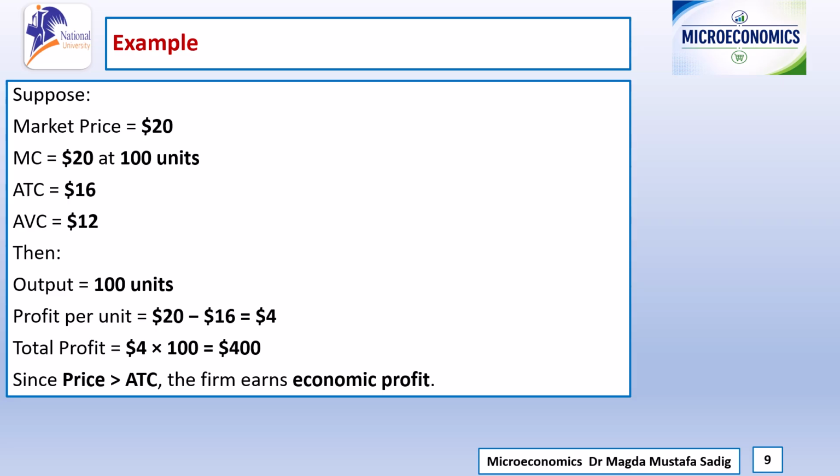What is total profit? $4 multiplied by the total amount of units produced. It's $400. So here the price is larger than average total cost. Price is 20 while average total cost is 16. So price is larger than average total cost. Then the firm earns economic profit.